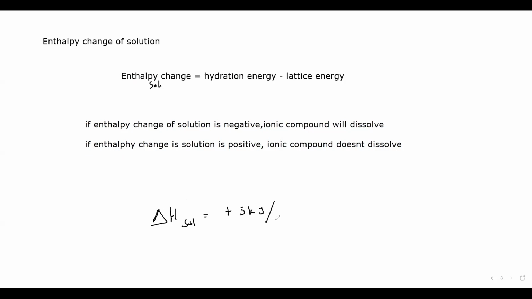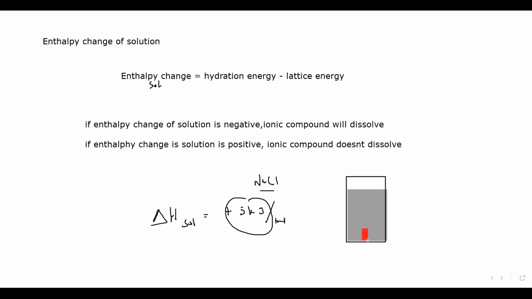So it is positive, but it is only plus 5 kilojoule per mole. So what does it mean? It means it is endothermic. But from where do we supply this energy? Commonly, you take a glass and fill it with water and add common salt, sodium chloride.